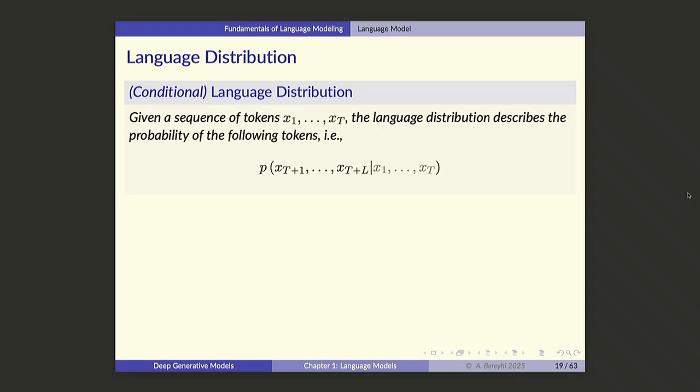So the first T tokens are the incomplete sentence, and the next ones are the ones you say to complete the sentence. This is a conditional distribution. Definitely there is no deterministic output coming out of this.